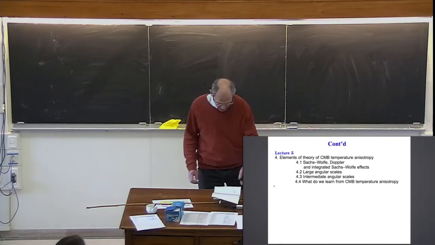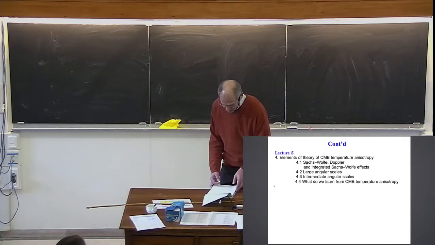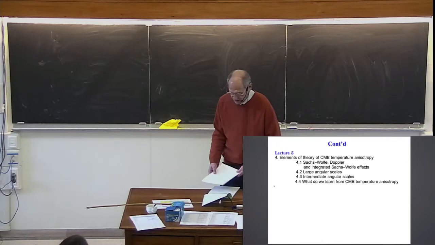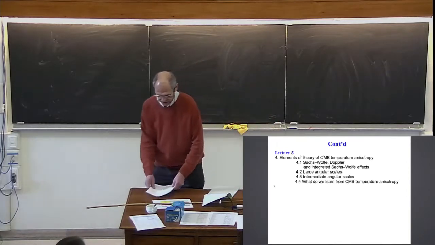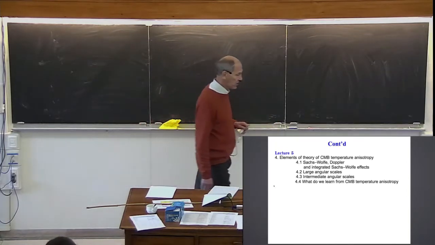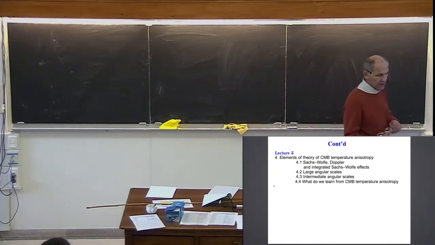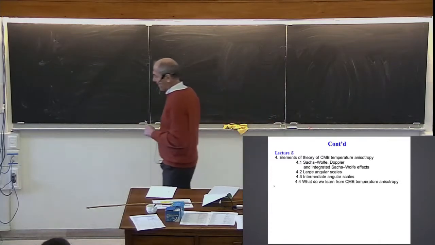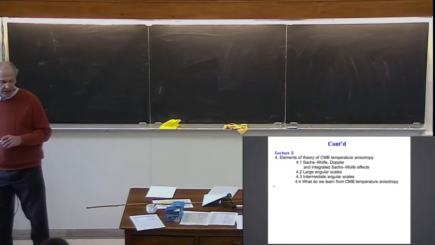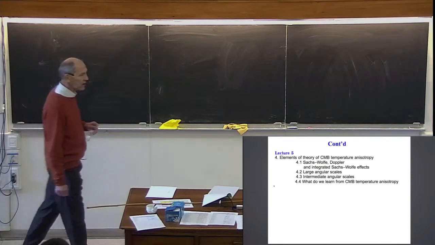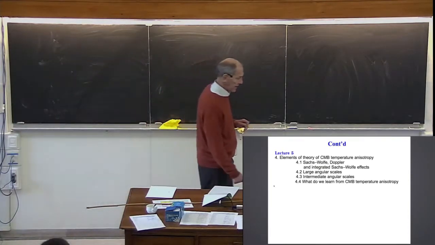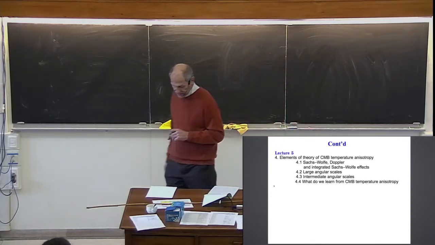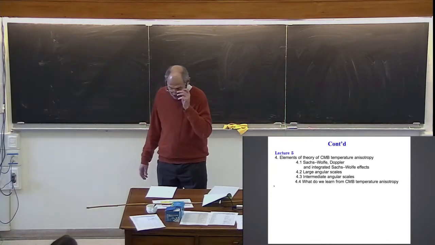So to begin with, what do we have? We have in our universe density contrasts in the cosmic medium, in dark matter, in baryon photon component, baryon combination, etc. We also have gravitational potentials, gravitational perturbations of metric, and also we have velocities, right?